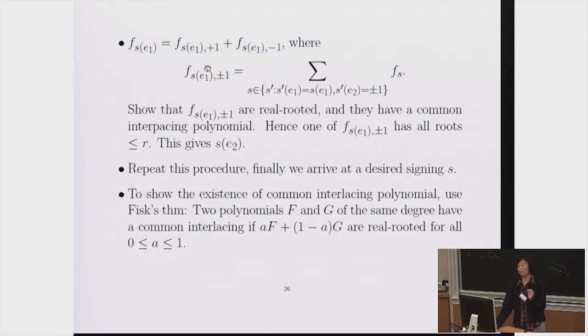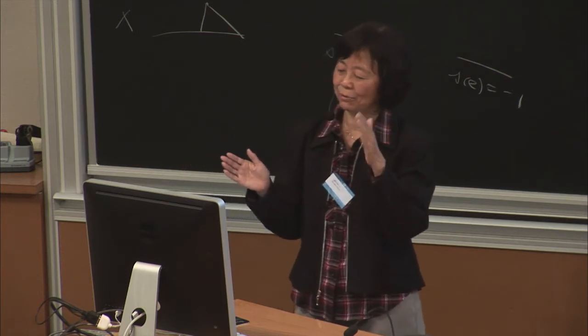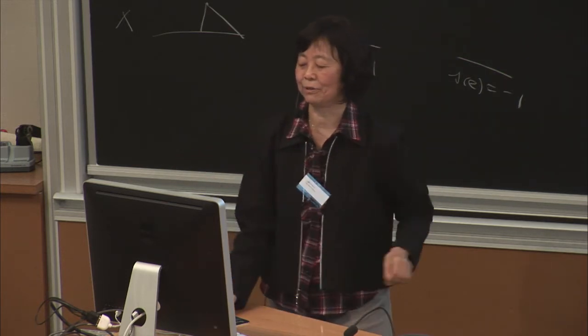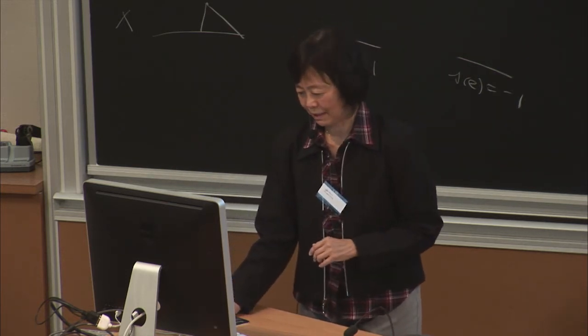Therefore one of them will have real roots bounded by the largest root of the sum, which is bounded by R. Then this gives you the sign of the second edge, and we continue this. Each time we do half, half, half, and go down. Finally, we come up with a signing.